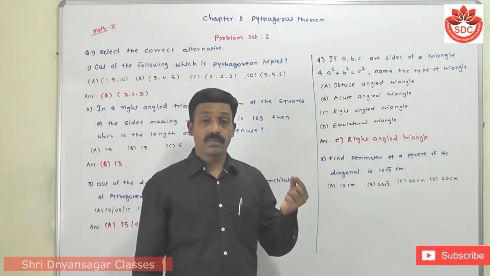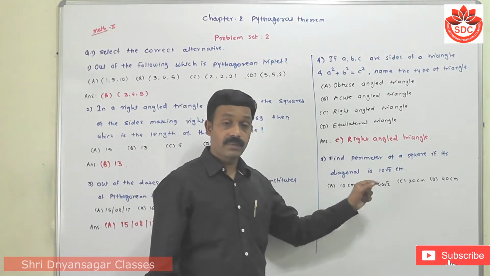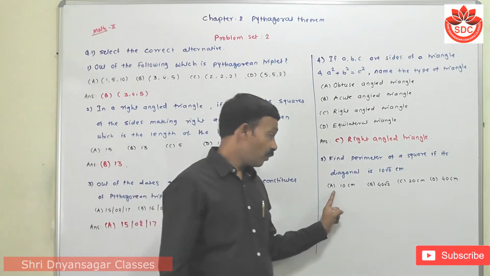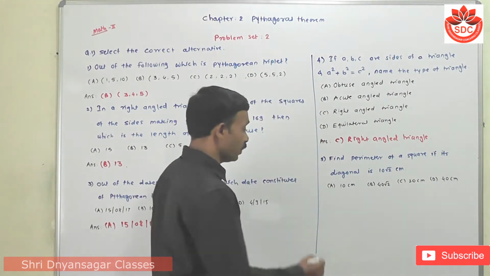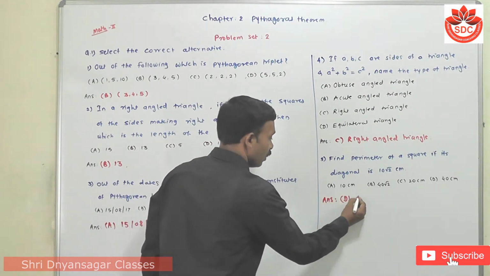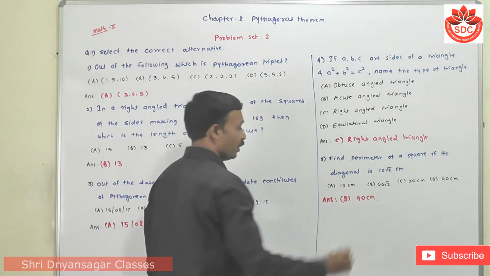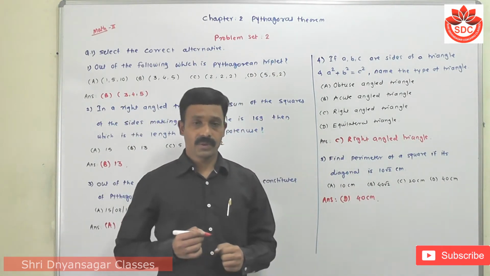Perimeter means 4 into side, so 4 into 10. 10 fours are 40. The option is D, having the value 40 centimeters. So the answer D is 40 centimeters. Now students, the remaining 3 MCQs you have to solve at home.